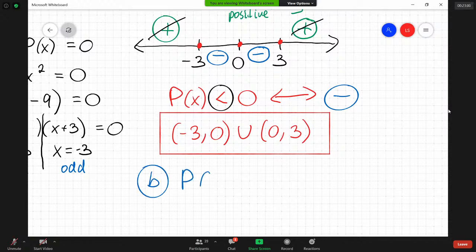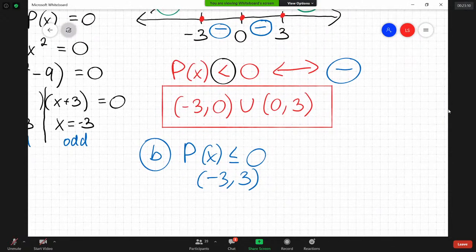So if it was less than or equal to 0, then we would just say from -3 to 3. We should not then split it up into two parts. I take that back. We should say -3 to 3 with those being included, right? -3 and 3 would also be included in there, right?